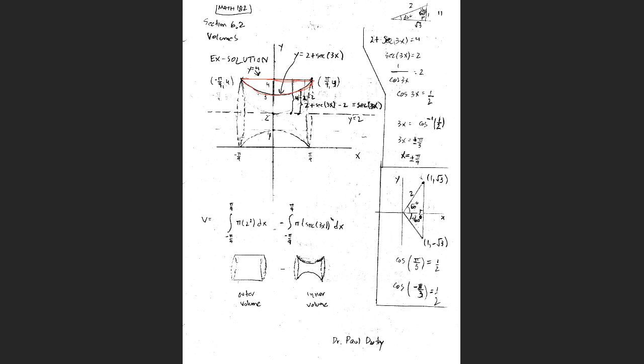So this is our region. And we are rotating that region about the line y equals 2. So of course the origin is here, right? And y equals 2 is here. And so the mirror image of this region is here.